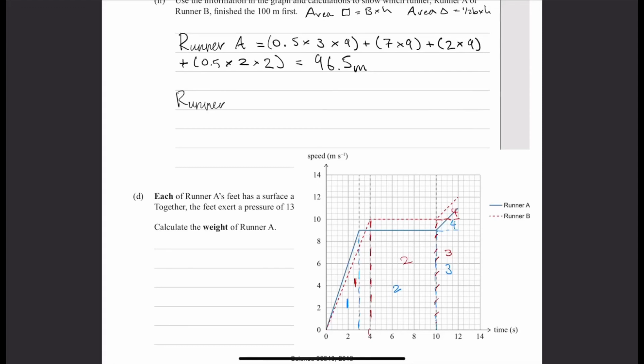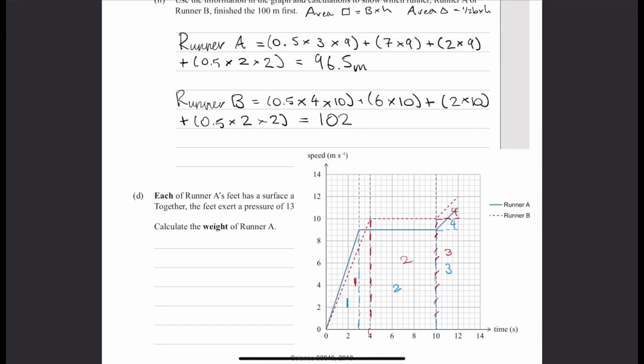Runner B equals, again, we start with a triangle, so 0.5 times our base, which is 4, and our height, which is 10, plus our second shape, which is a rectangle, which goes from 4 to 10, so a base of 6 times its height of 10, plus a smaller rectangle with a base of 2 and height of 10, plus a small triangle with 0.5 times base of 2 and height of 2, which for us will come out to a calculation of 102 meters.